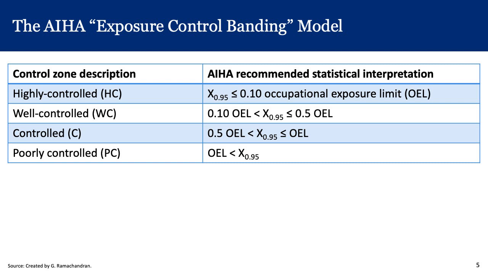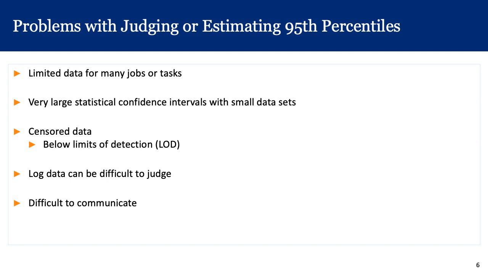And so we can determine the 95th percentile using measurements or using small data sets. And we all have learned during the previous lectures how to estimate the 95th percentile. And we have spreadsheets and software that lets us do this.